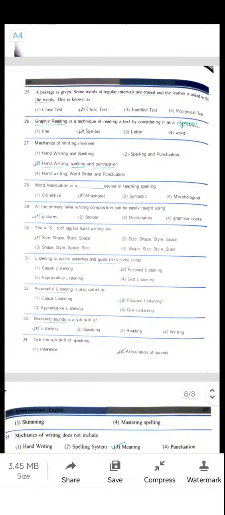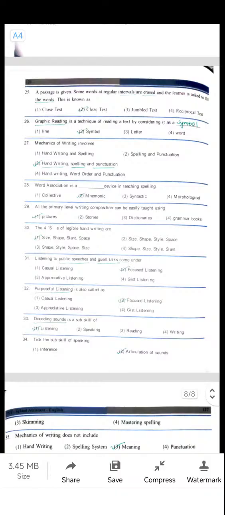These three are more important. Question 28: word association is a mnemonic device in teaching spelling.